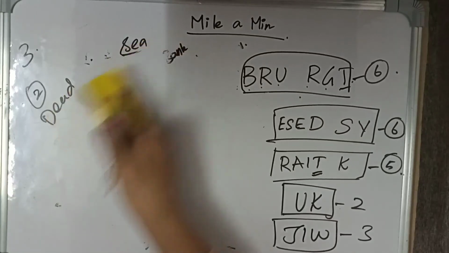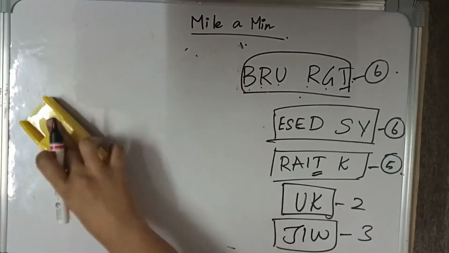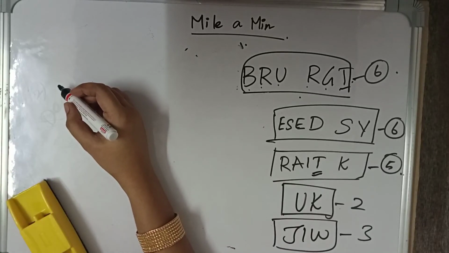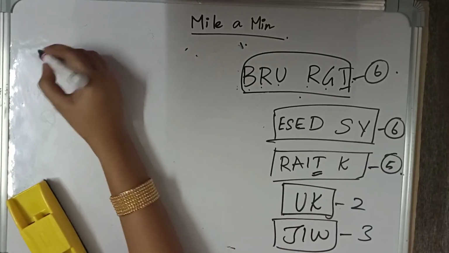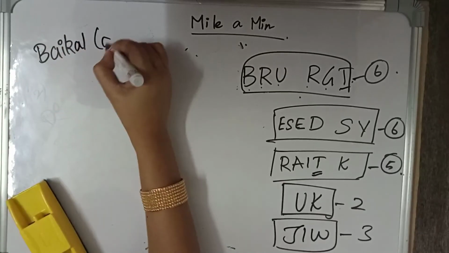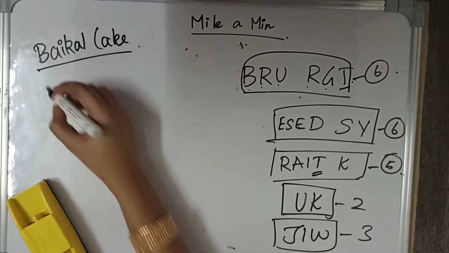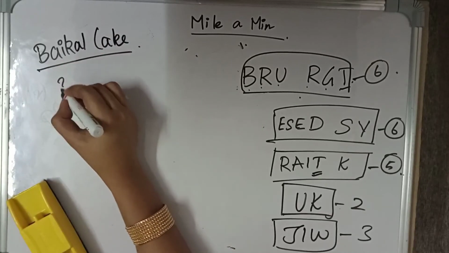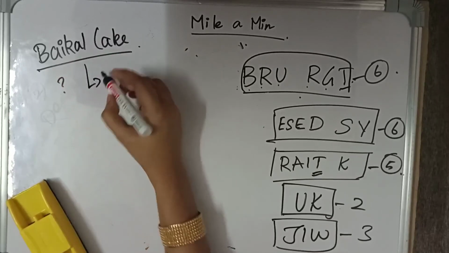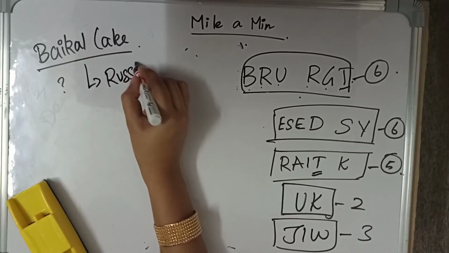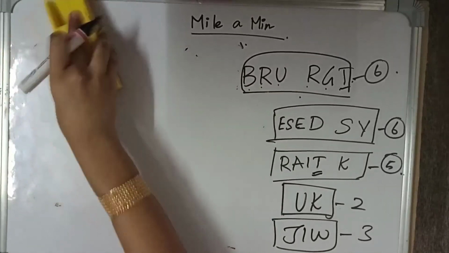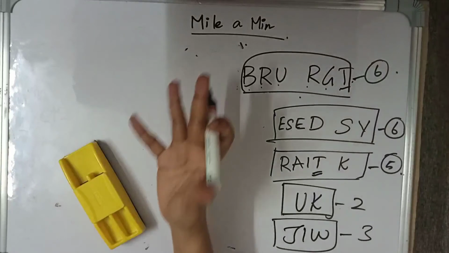And the last one which we can remember is actually a lake, Baikal Lake. So Baikal Lake shares boundary with which of the following countries? It shares boundary with only one country. It is entirely in Russia. So you don't need to confuse it with an acronym. Baikal Lake is entirely in Russia.